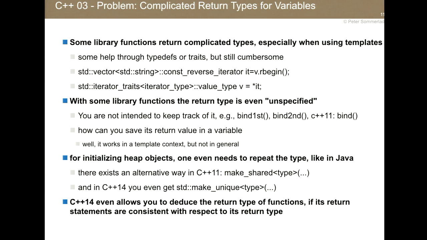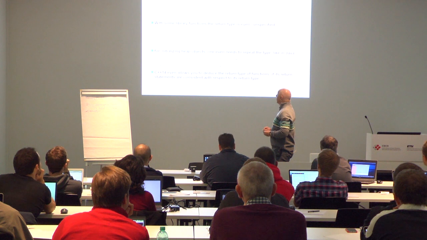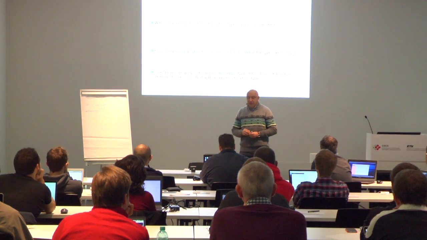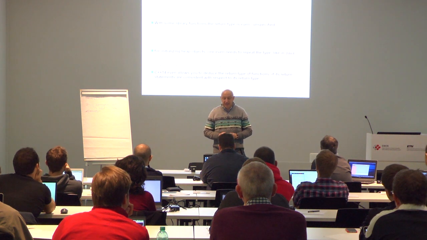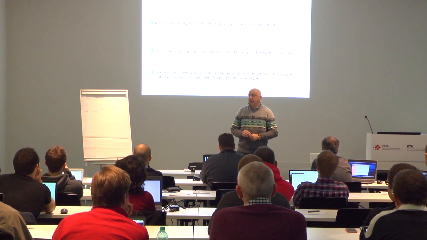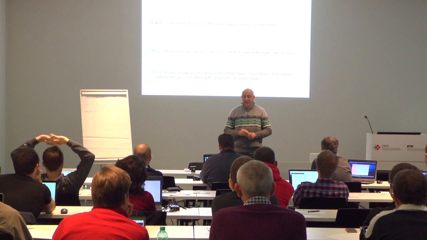And now to the motivation for auto. I already told you there's something called auto for type deduction in C++11. If you ever write a loop yourself that uses iterators from a standard container like std::vector, spelling out those loop variables is quite tedious.